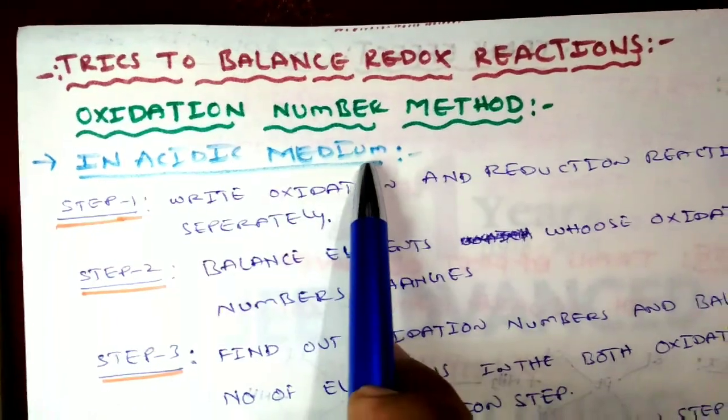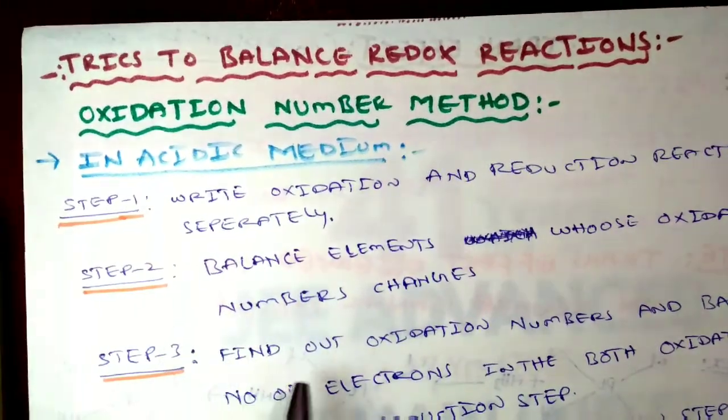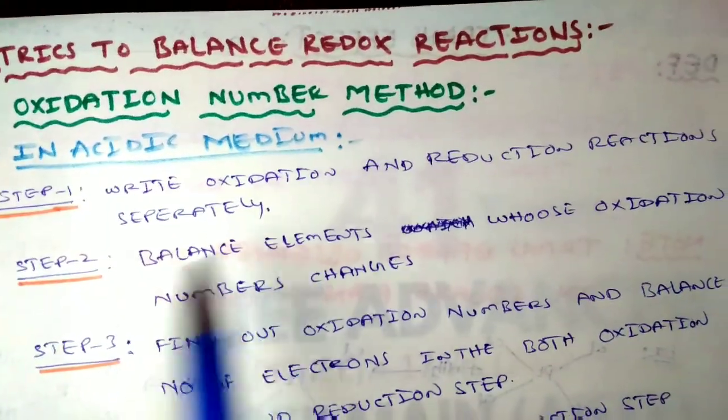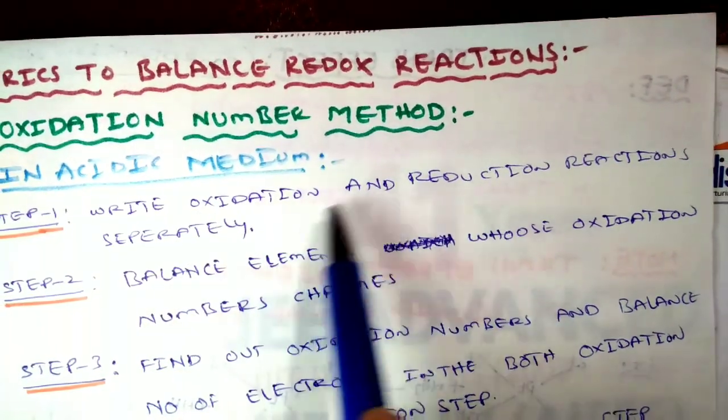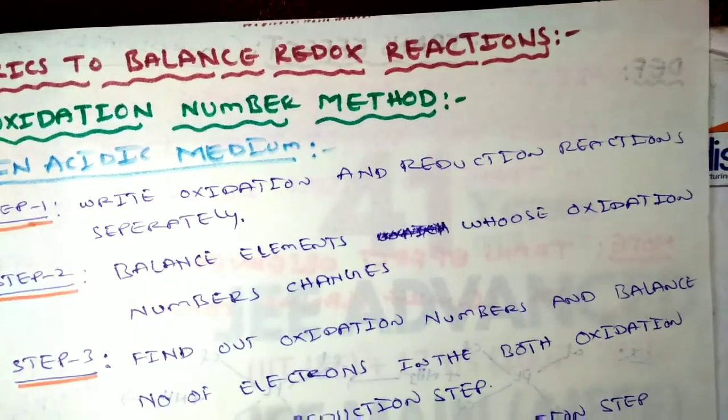First we are going to discuss how to balance a redox reaction in acidic medium, then we will discuss basic medium. Step 1: write the oxidation and reduction steps separately.